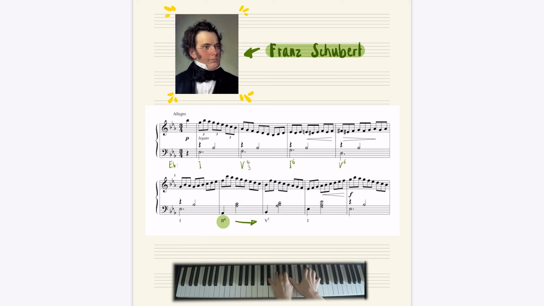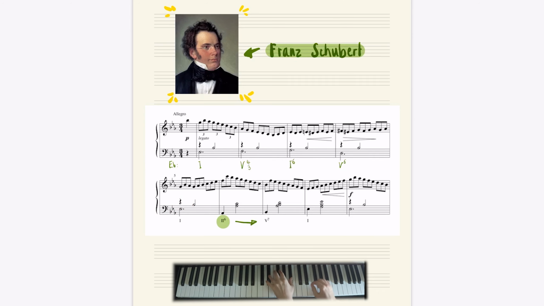So he starts by the tonic expansion, chord 1, then 5, 4, 3, and then 1, 6. Then in the fourth measure, we have chord 5, 6, the first inversion dominant chord, and he resolves it onto the tonic again in the fifth measure.